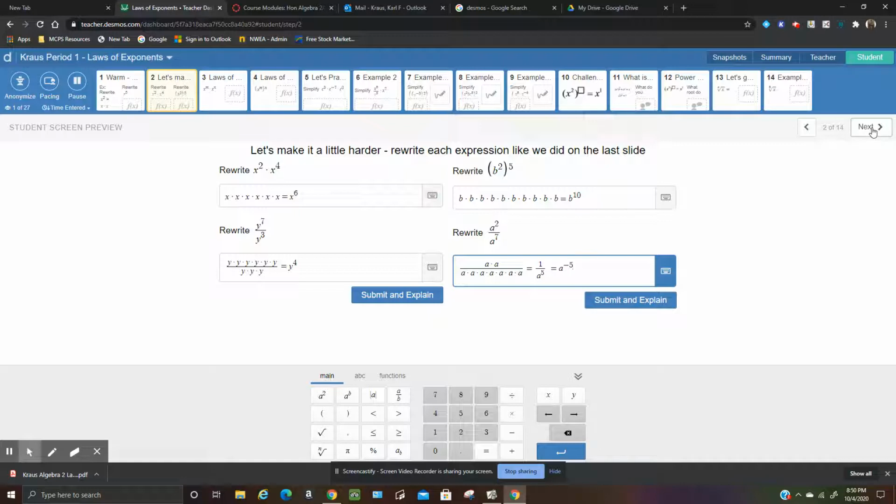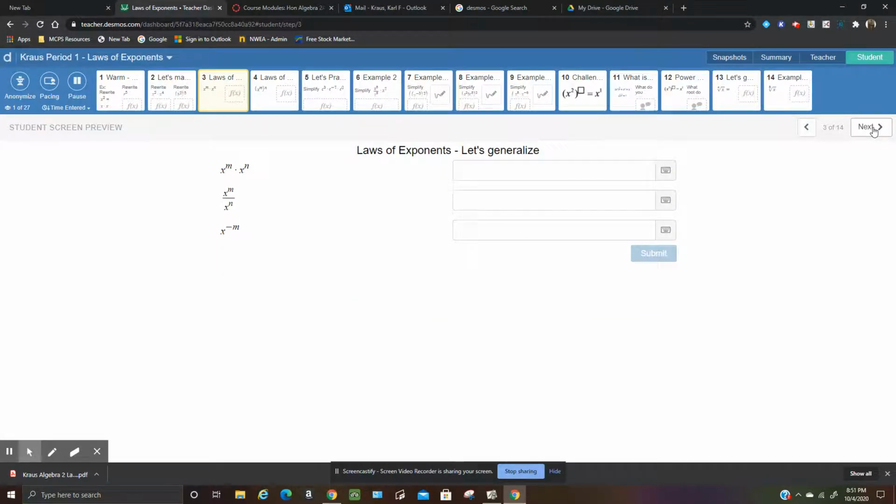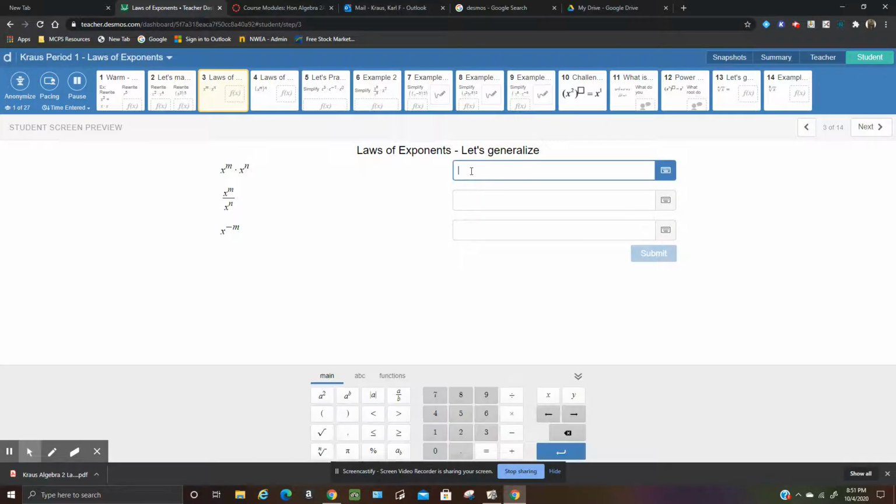And then let's generalize what this means. Would be x to the m plus n. I don't know how this is going to stay in the exponent here. If I do that, it'll stay up in there.